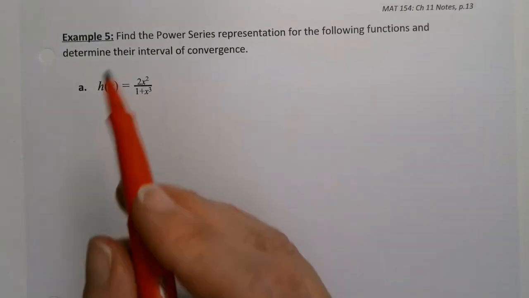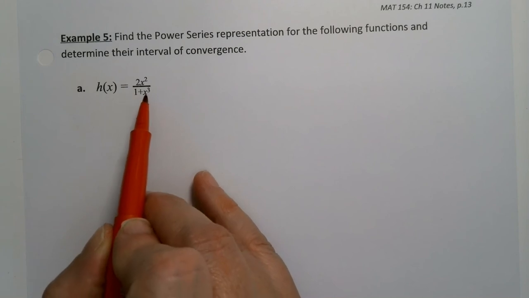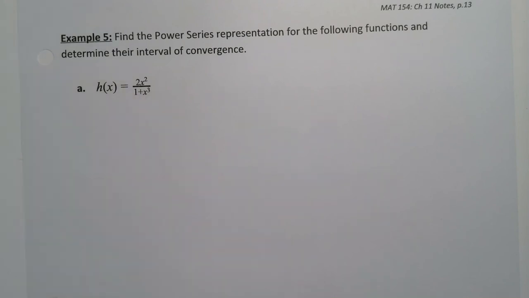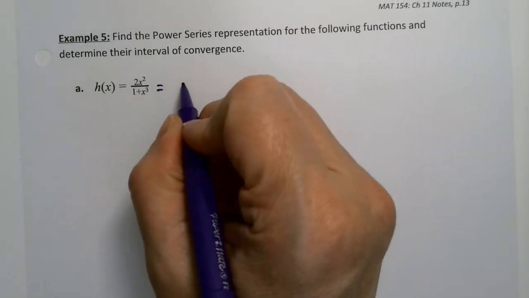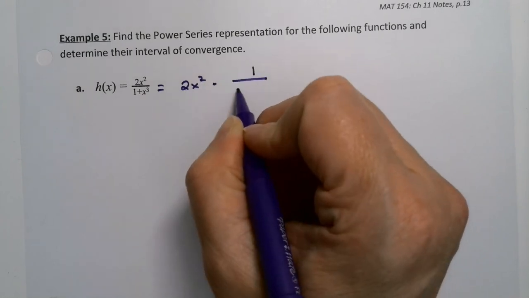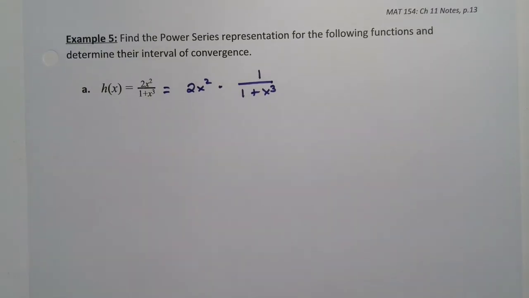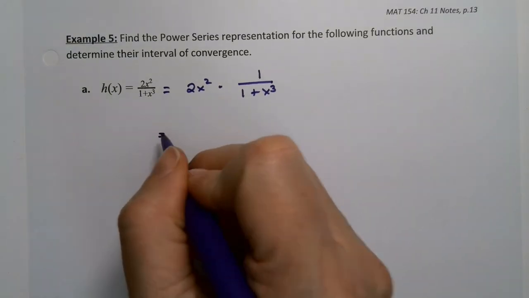So now let's see a different type of case. We have 2x squared over 1 plus x cubed. But we know what 1 plus x cubed is. So this would be the same as 2x squared times 1 over 1 plus x cubed, right? So we know how this is going to go.